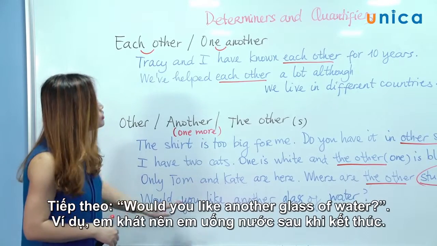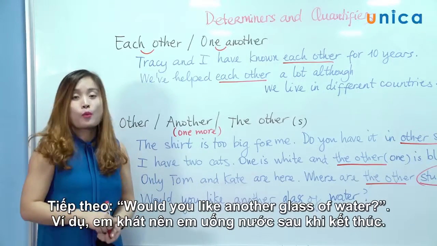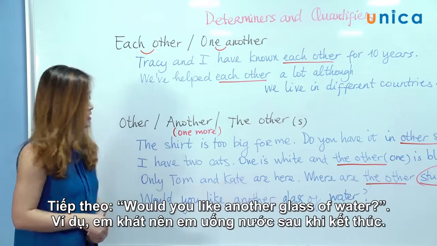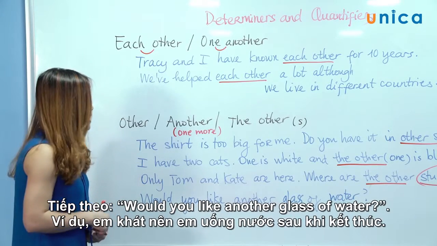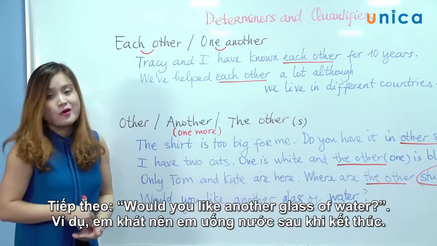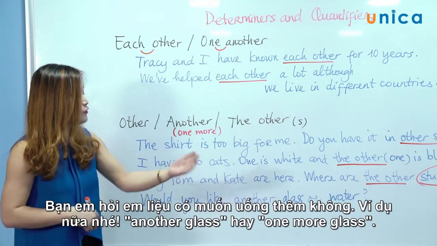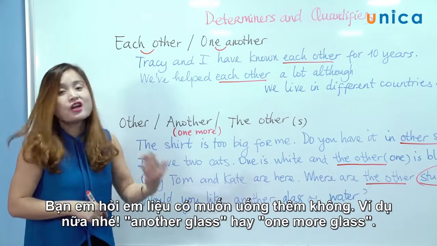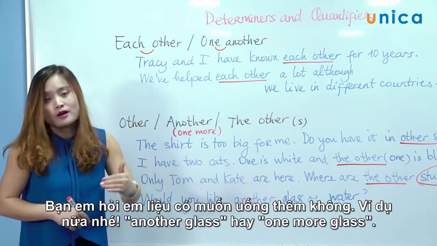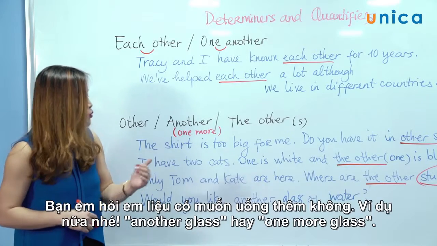And next, would you like another glass of water? For example, you are thirsty, right? So you keep drinking water, and after you finish the first one, your friend asks you whether you would like to have another one. For example, one more. Another glass or one more glass.